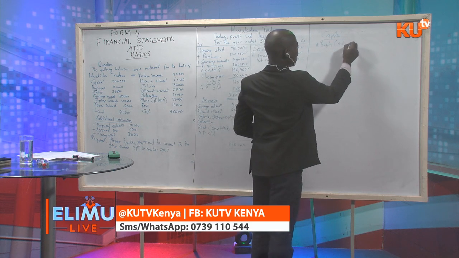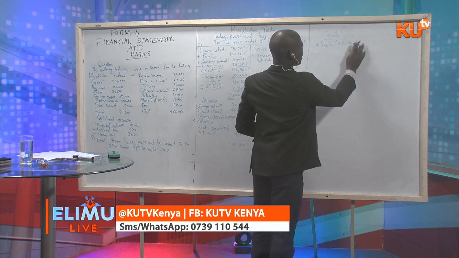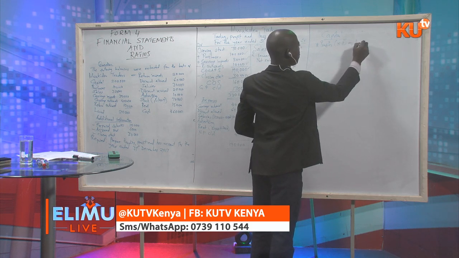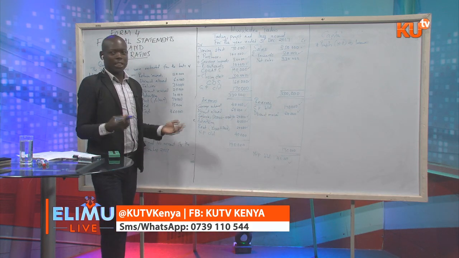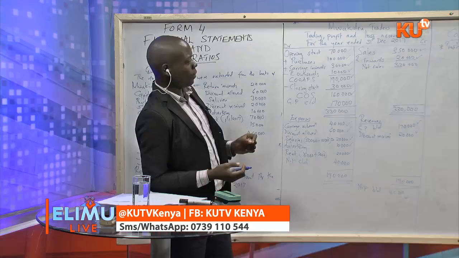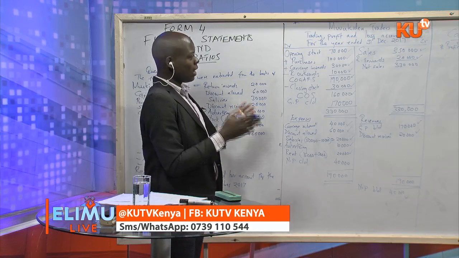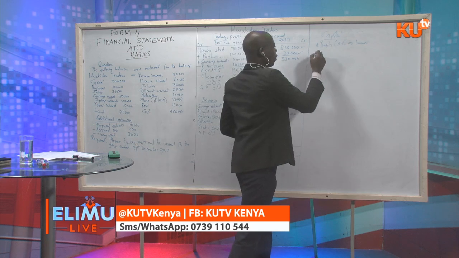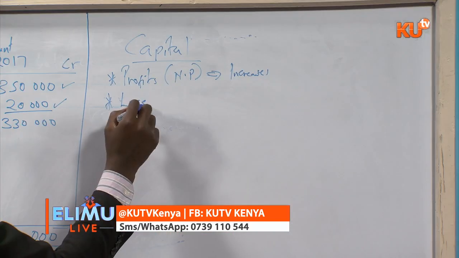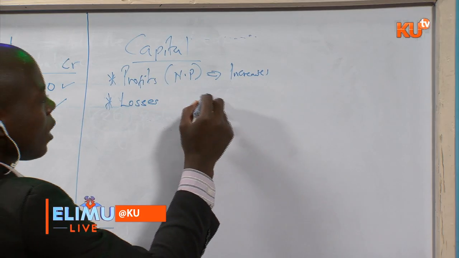And net profit has the effect of increasing capital. You can be told to explain factors that affect changes in capital. One of them is profits, and more particularly, net profits. They increase capital. Number two, losses. If you make net losses, they are going to reduce capital.